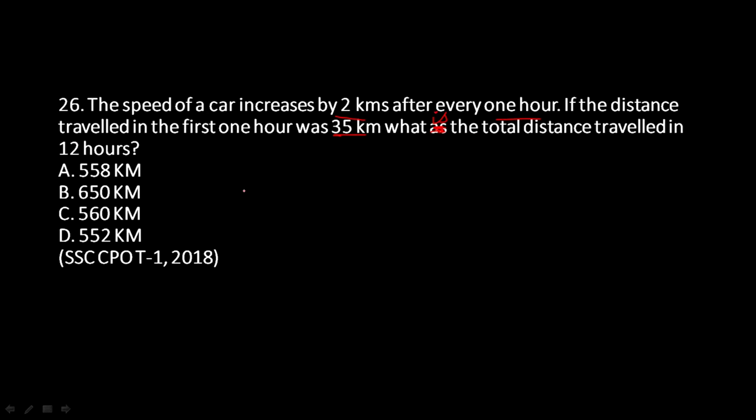This kind of problems can be solved in several ways, like taking x and all by using concepts. But I think the shortest and the easiest method is to follow this formula. D is equal to n by 2 into bracket 2a plus n minus 1 into d.